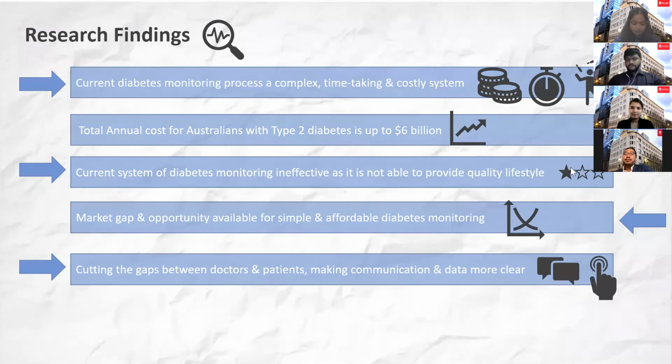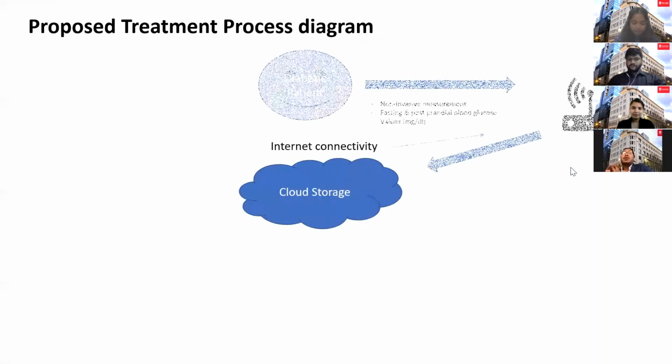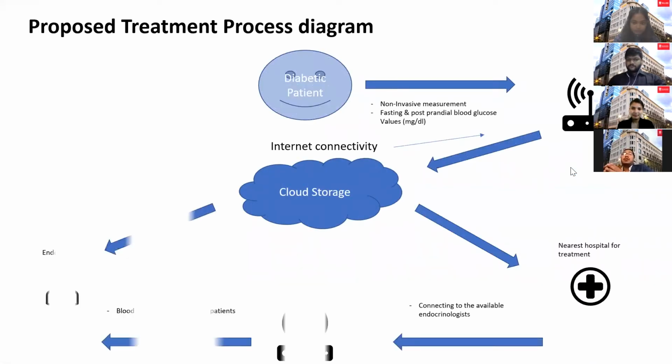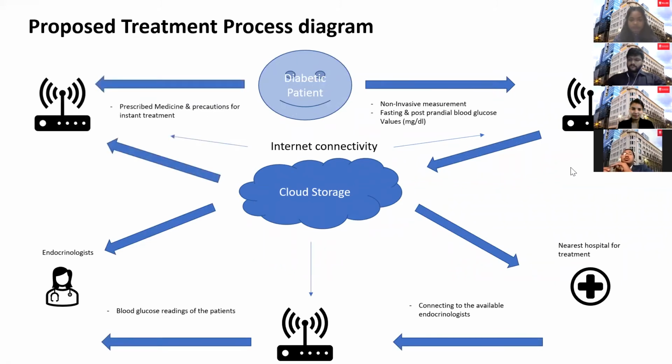Next slide, please. With the proposed treatment, what we are trying to say is that it's mainly based on cloud storage, or cloud technology. How it works is that a diabetic patient provides, with our sensor device, his information or data, his blood glucose level, and it goes to a medical center. From the medical center, it goes to a doctor.